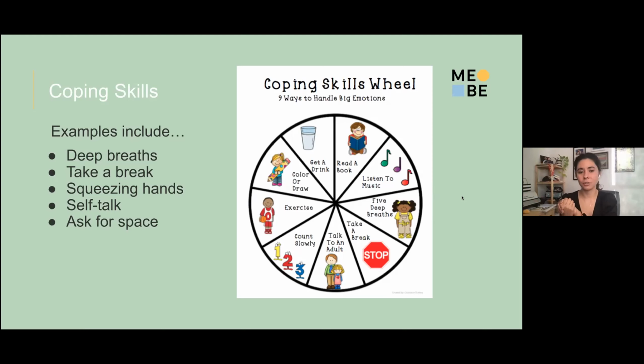I have a friend who, if I were to do it, lowers his voice. He goes, okay, Chelsea, take a deep breath. You are strong. And it's actually very cool. By the time he's done, he's smiling. It's great. And another one that is really great for everyone, in my opinion, is just asking for space. Hey, I'm having a hard time. I need you to back up a little bit.